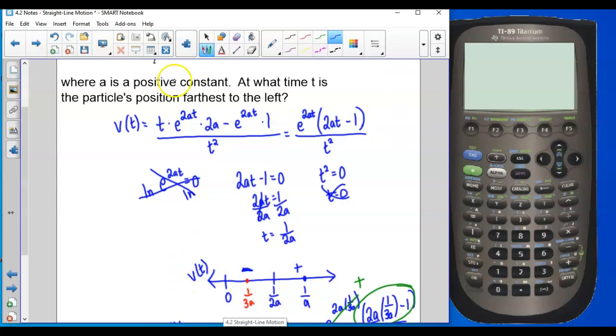And at this time, the particle's position is furthest to the left because we switched directions from left to right.